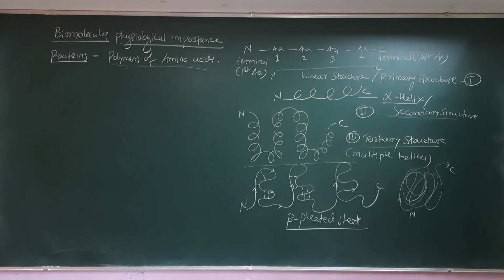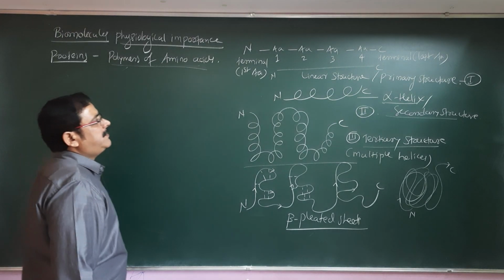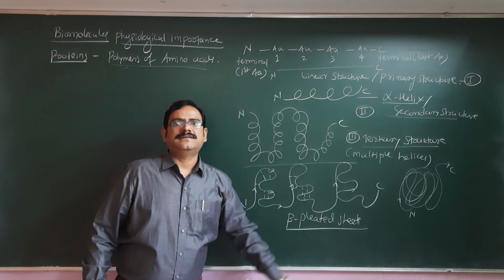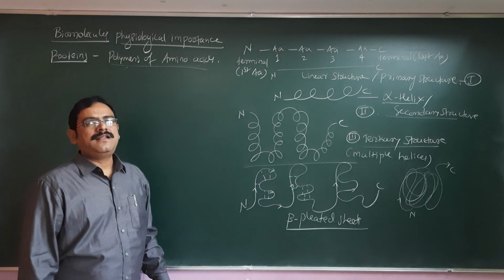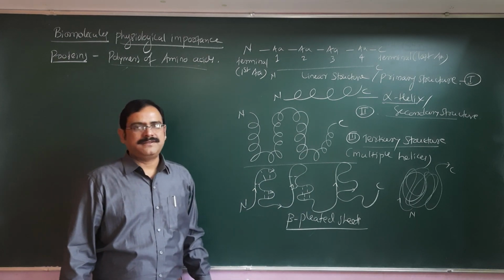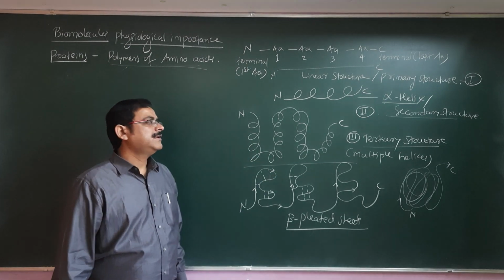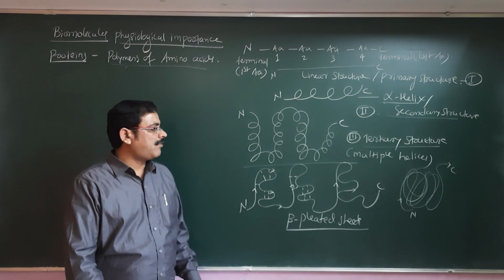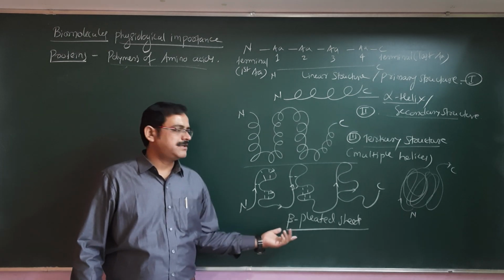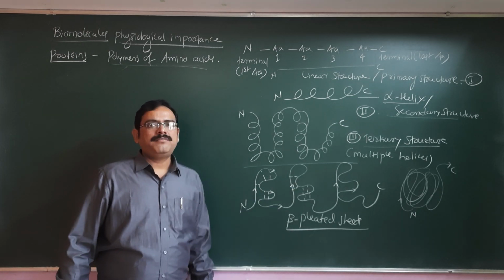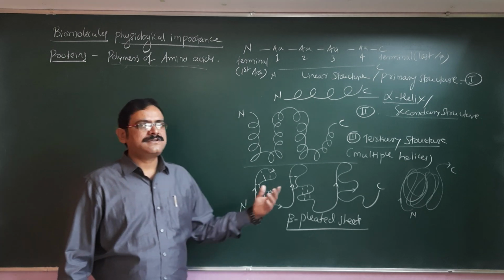So what are we observing here? The linear chain is called the primary structure, and it becomes spirals. We call them helices, alpha helices, multiple. Or it can be much more complex, helices interwoven like a woolen ball, or beta pleated structures having bonds between them. It is a tertiary structure.